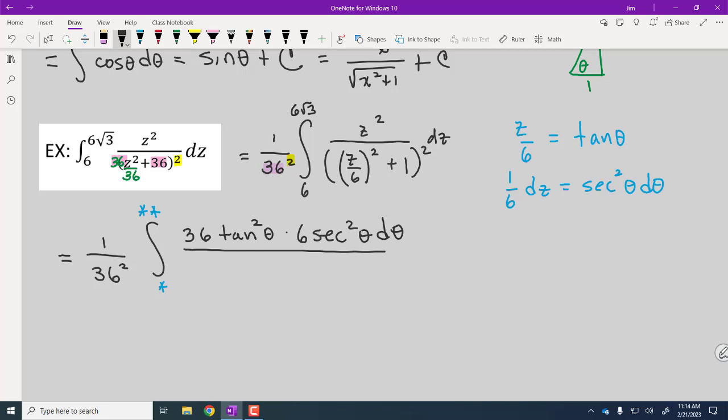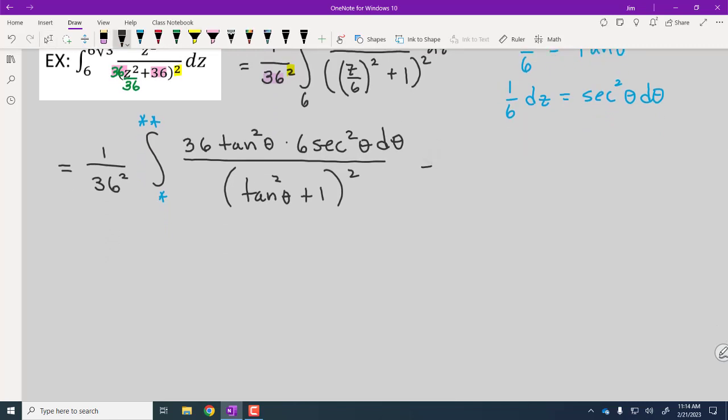So we're going to have tan squared theta plus 1, and all that is then squared. And tan squared plus 1 is secant squared.